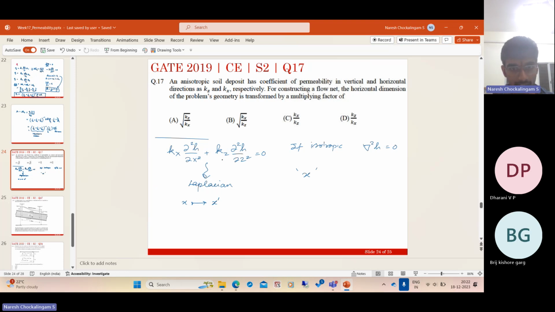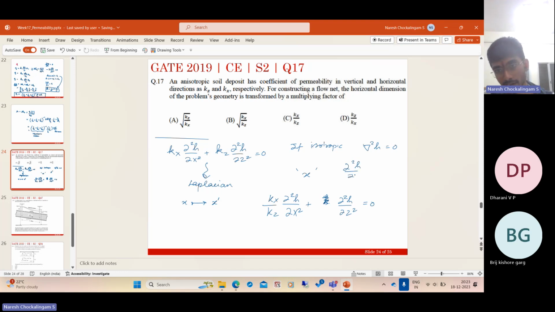So now let us look at it, right? Basically you're disturbing x and you're leaving z undisturbed. So let us divide throughout by Kz. So it becomes Kx by Kz dou square h by dou x square plus, no Kz, it is just dou square h by dou z square equal to 0. Now this matches with the Laplacian. What is the Laplacian?